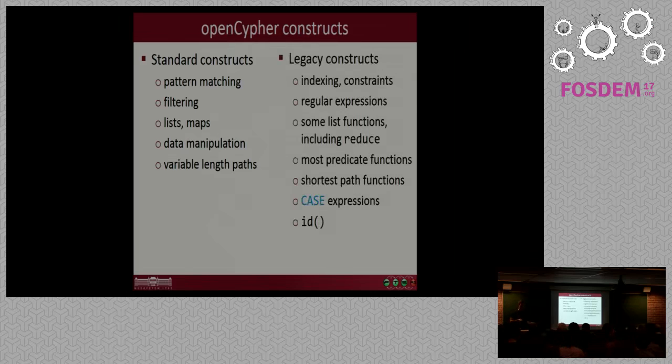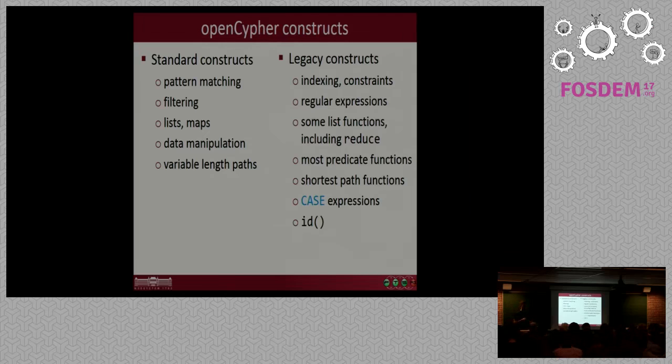So some features are excluded from the standard. These are called the legacy constructs. These are mostly implementation-specific stuff like load CSV, index, constraints. There are regular expressions, which are notoriously difficult to get right between different programming languages. Some of the more sophisticated list functions, for example, reduce, are removed because these are very powerful and you can almost program with reduce in your queries.